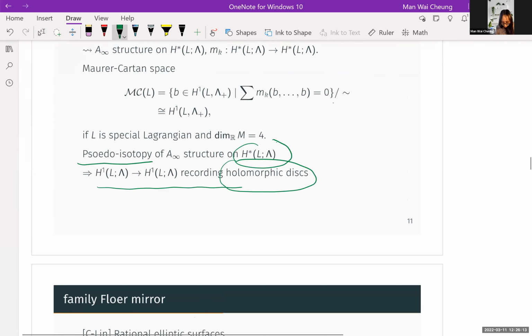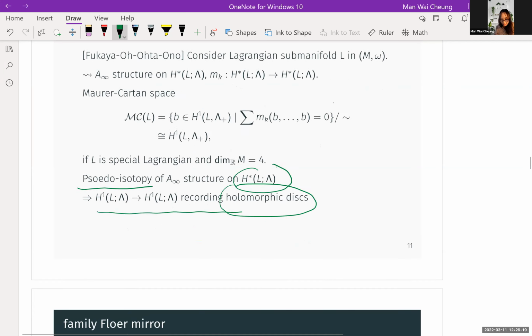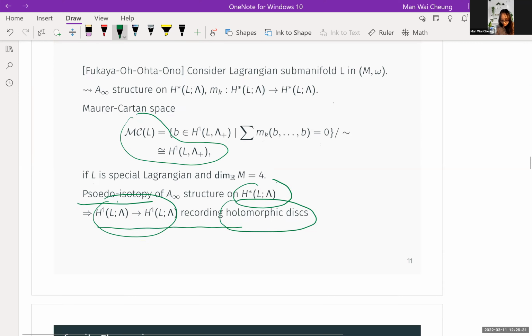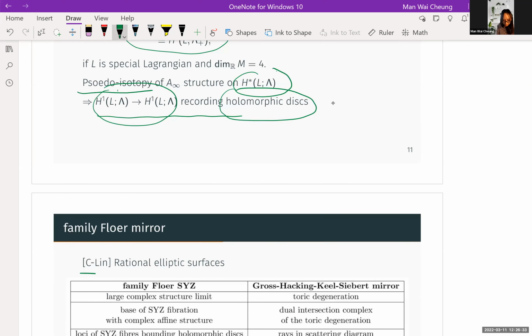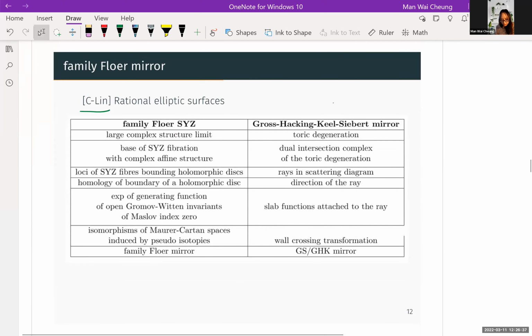And then the story goes very similarly, at least from my point of view, as the GHK, which is that we glue the Maurer-Cartan space according to those maps. And then Fukaya suggests that this will give us the family Floer mirror.